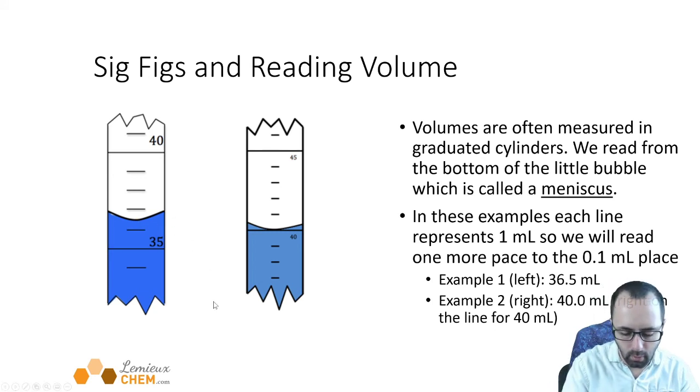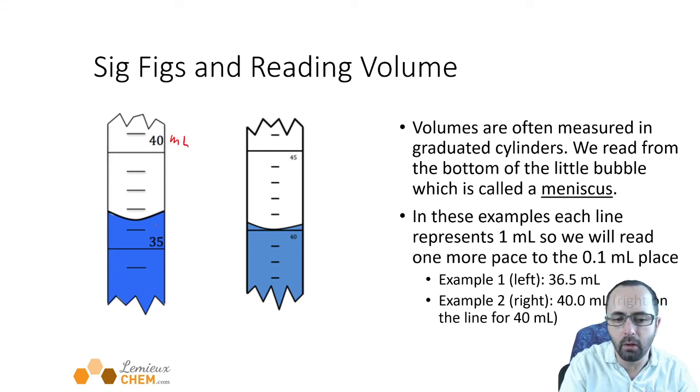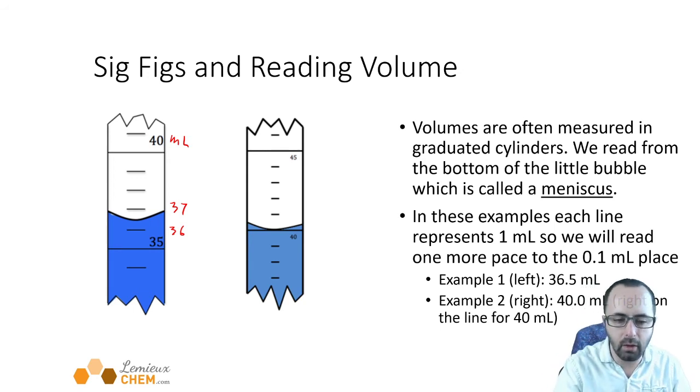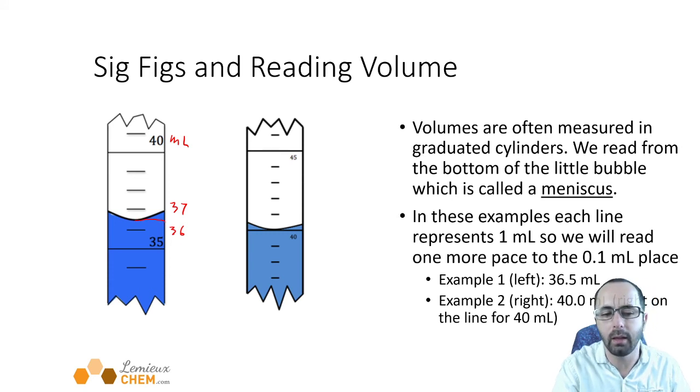If we look at this left example, these are going to be milliliters. Let's say this one's 35. So this line here is 36, and this one is 37. So we know that our volume is greater than 36 and less than 37. If I look at the bottom of the meniscus, it looks like it's about halfway between 36 and 37.